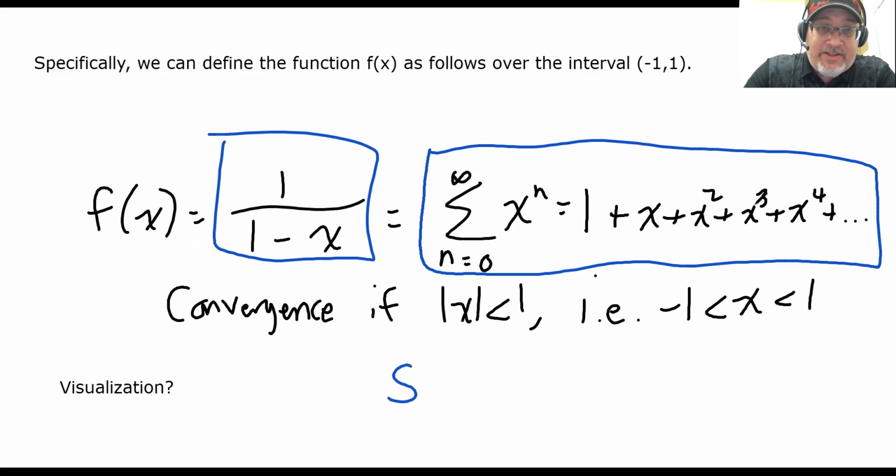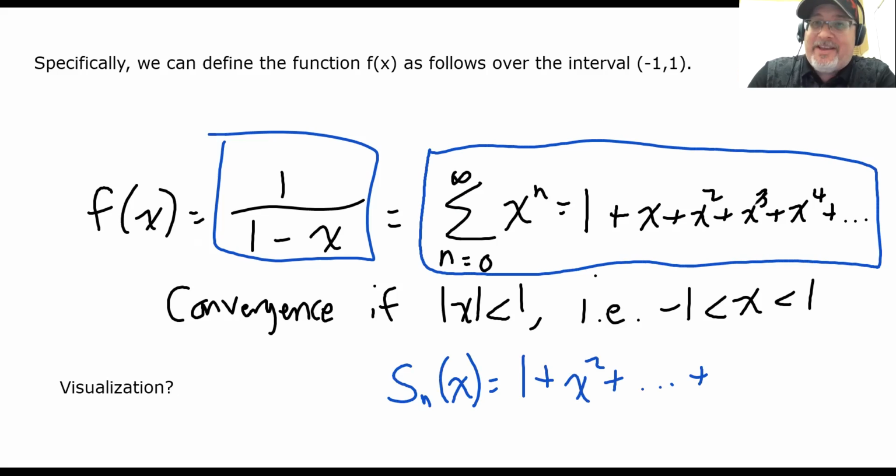For example, if we take the nth partial sum, that means we would just stop the sum at some number n. We could say the kth partial sum, since n is already being used as the index in the sum. Let's say the kth partial sum. And that's just a finite polynomial. So it's got a polynomial graph that does its curvy stuff. But what do the graphs of these partial sums look like compared to the graph of 1 over 1 minus x? Well, let's jump into Desmos and take a look at it real quick.